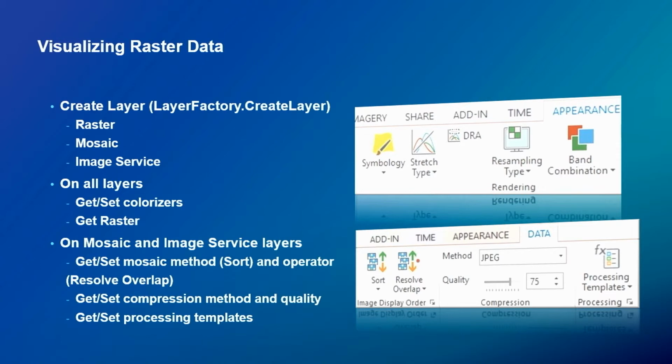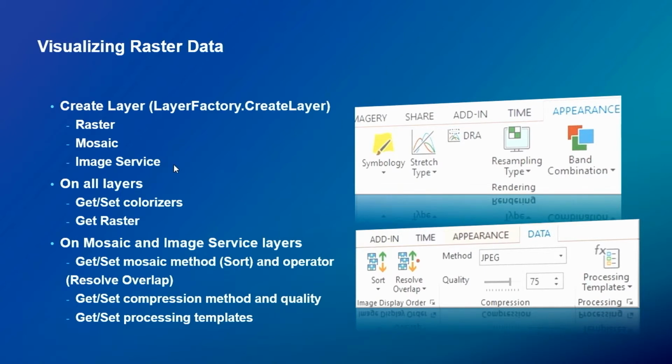If you're not familiar with mosaic datasets, they are a data management model for working with large collections of imagery, where you can not only mosaic this imagery on the fly, but you can also process it, and it also acts as a catalog. So you can publish a raster or a mosaic dataset as a dynamic image service, and that's basically our third type of layer that you can create.